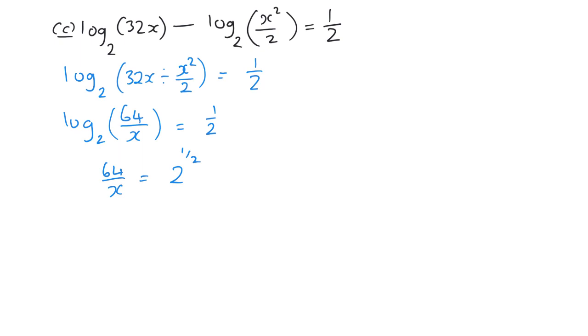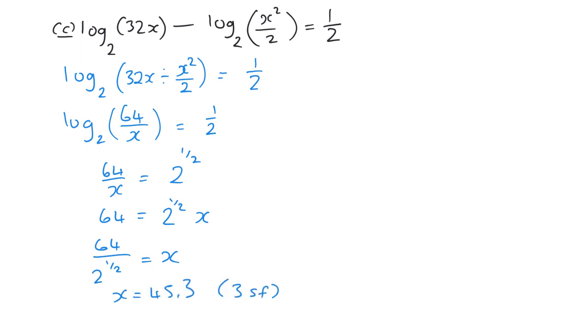Now, there's a couple of different ways you can do this. You can say, okay, well, 64 then equals 2 to the power of a half times x. So 64 divided by 2 to the power of a half equals x, which gives us 45.3 to 3 significant figures.